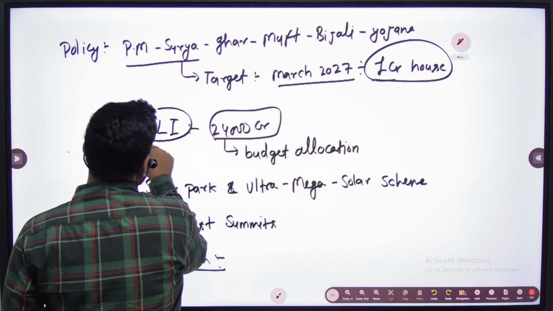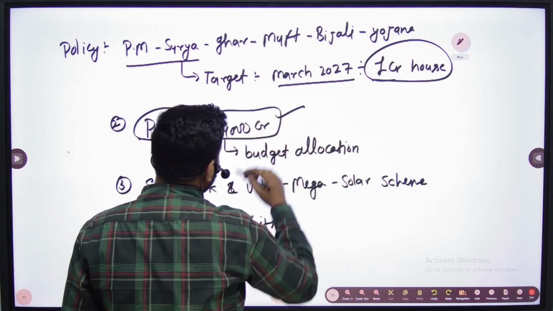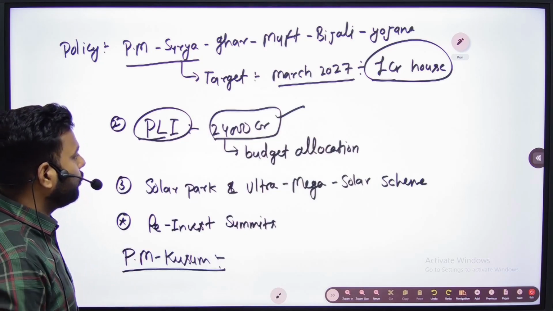Next, PLI, Production Linked Incentive. क्या किया है हमने, allocated किया है बजट 24,000 करोड़ रुपए.